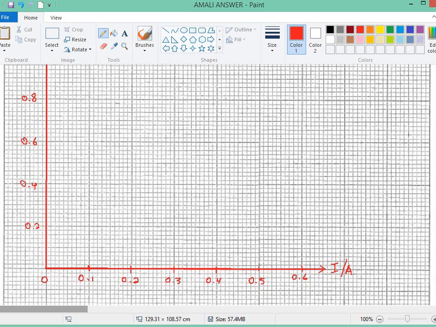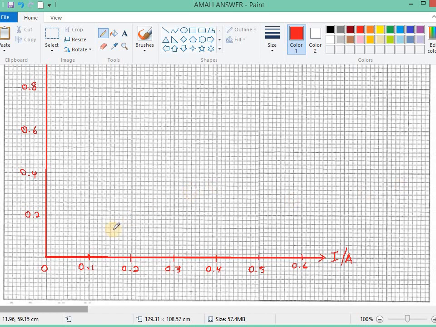There are a few things you need to pay attention to when you plot the graph. First, the scale must always start from 0. For example, you see the x-axis: 0, 0.1, 0.2, 0.3, 0.4, 0.5, and 0.6. Start from 0. And this one: 0, 0.2, 0.4, 0.6, 0.8, and so on.